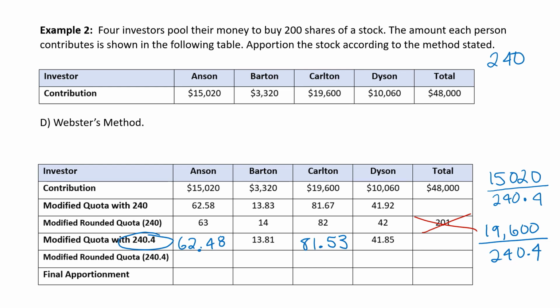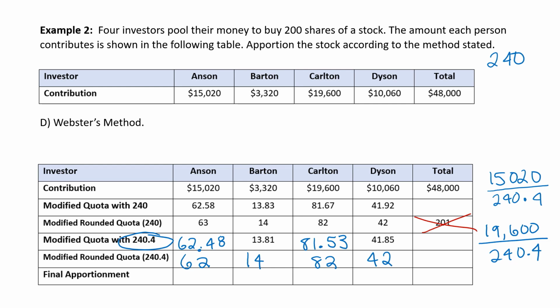Now we're going to round conventionally. 62.4, that stays at 62. 13.8 rounds up to 14. 81.5 rounds up to 82. And 41.8 rounds up to 42.